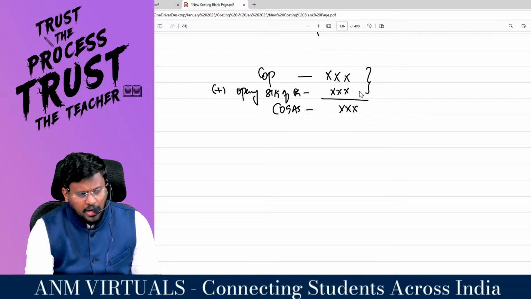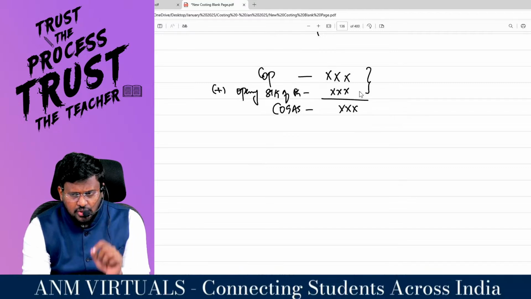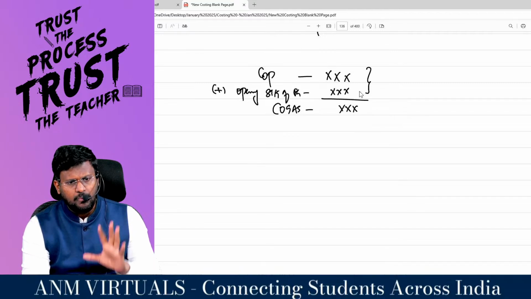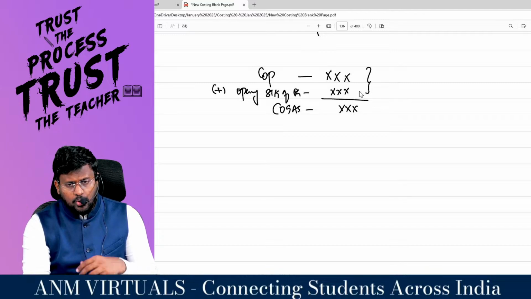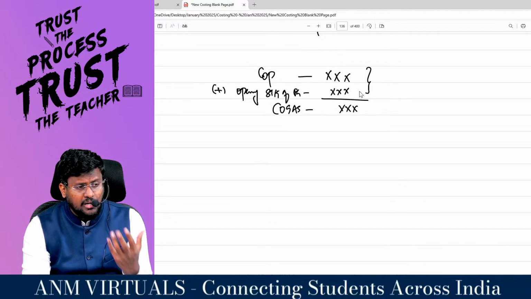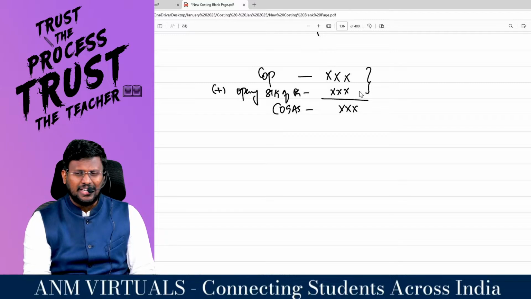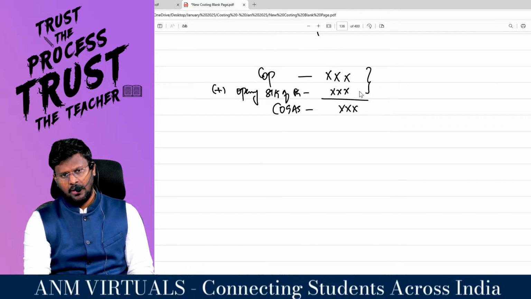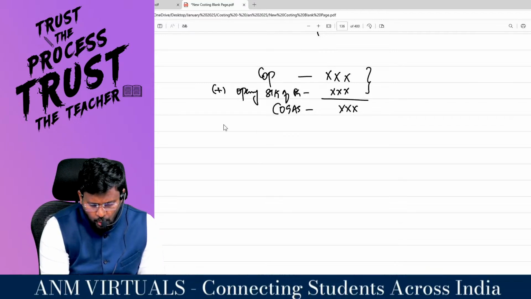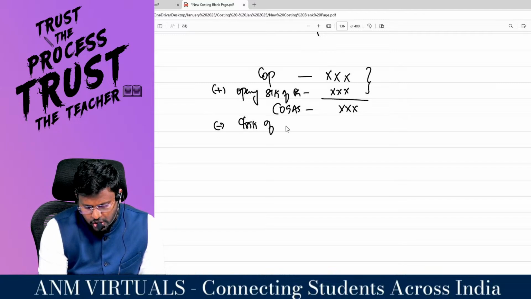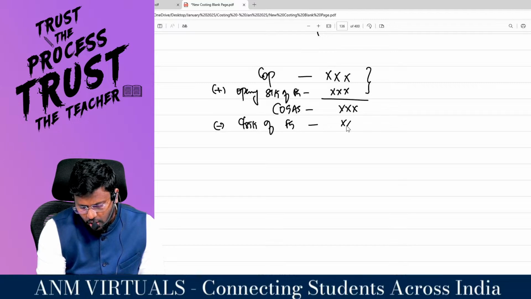Inside this COGAS, both opening stock and current year production will be there. Out of this COGAS, we can't sell 100%. That is practically impossible. So we have to reduce the closing stock of finished goods.